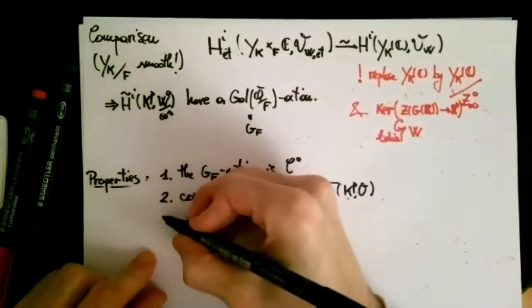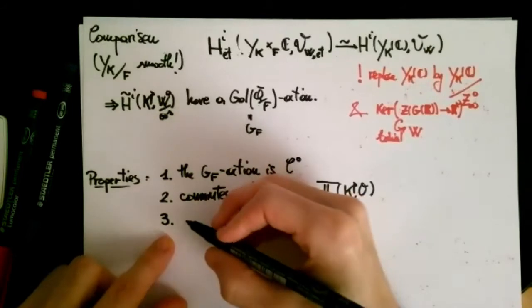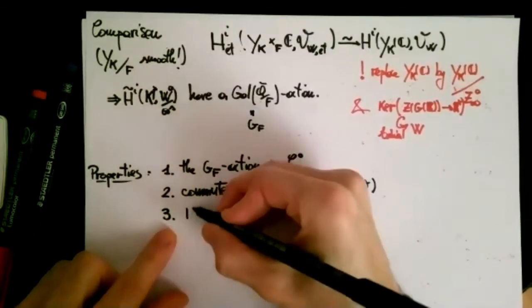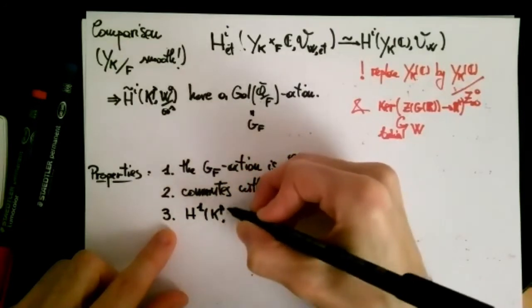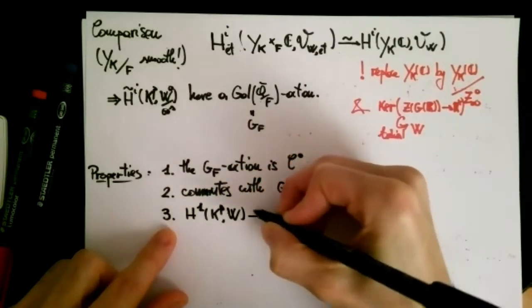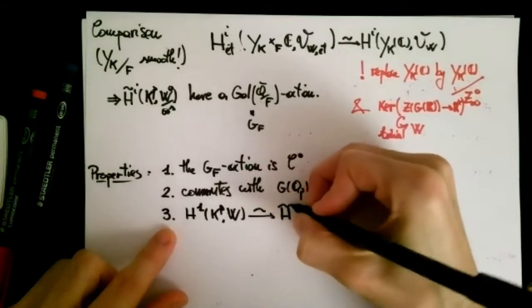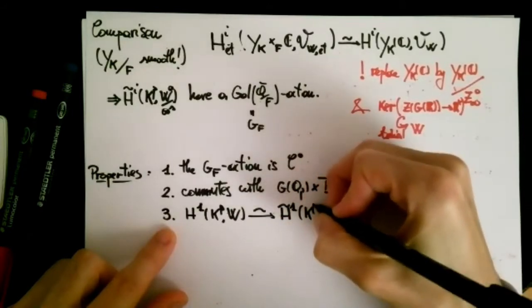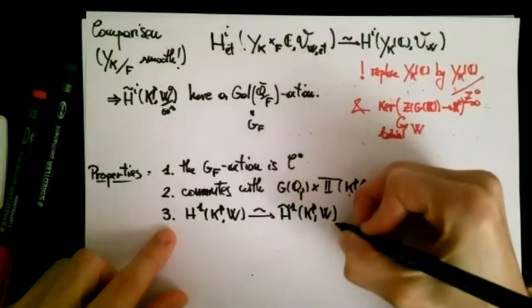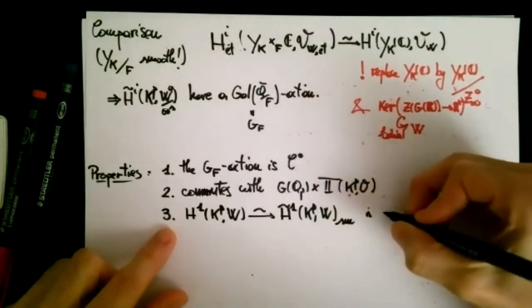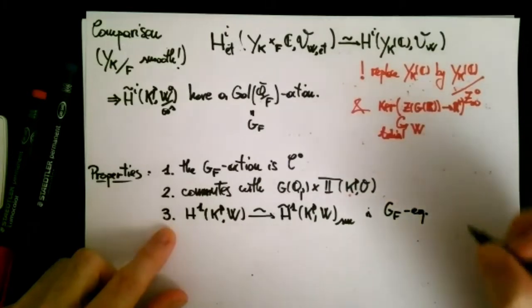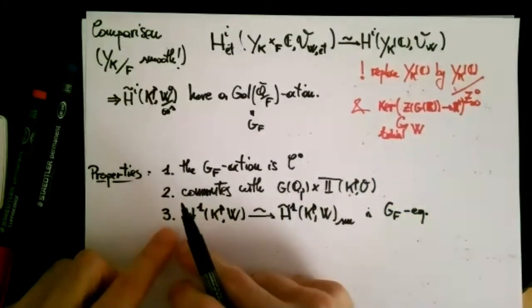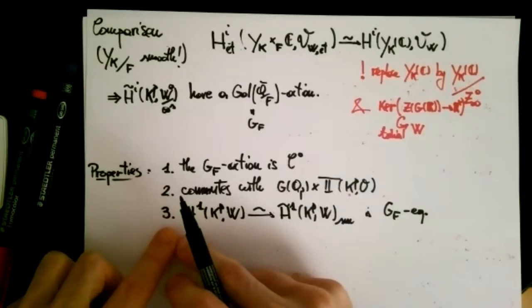Third point that I would like just to mention is that the isomorphism that we got before, H^1 K^p W isomorphic to the smooth vectors of the H^1 K upper P W smooth, is G_F equivariant. So this is an important remark that I would like to mention here.